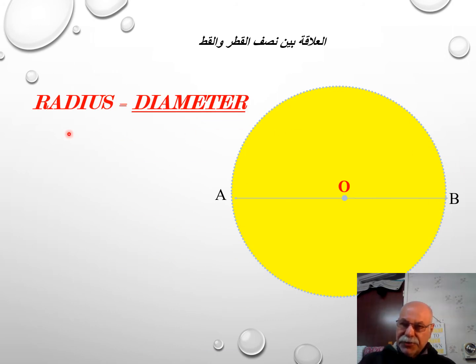So the radius equals the diameter divided by 2, this one and this one. If we add this one and this one, they give me the diameter. The relationship between radius and diameter is that the radius is the diameter divided by 2.